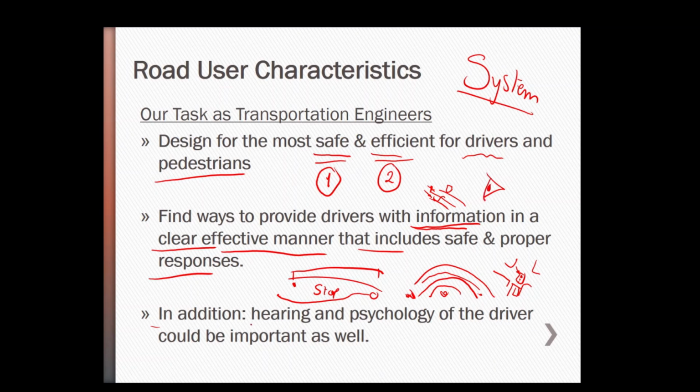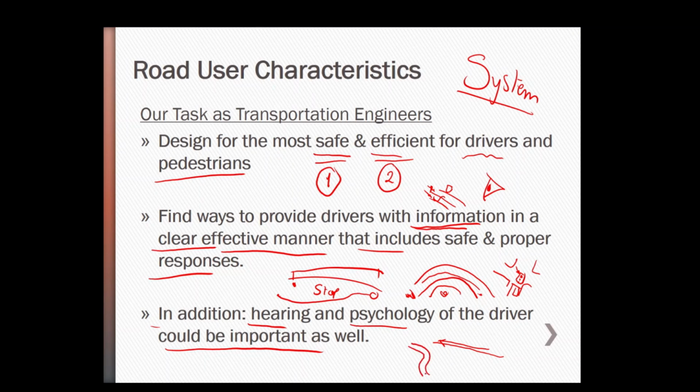But sometimes we have what we call hearing, and the psychology of the driver. Sometimes it is also used when we design the highway. An example for psychology: you're going to notice that even when we drive in states or in areas where we have very level conditions, we don't have any problems with drivers seeing miles ahead of them, but still you're going to find the designer designing the road with turns.